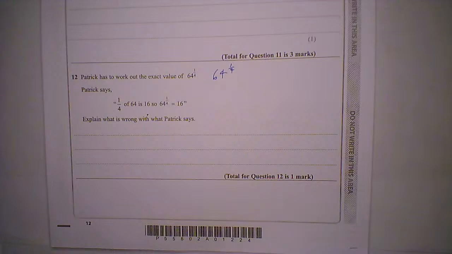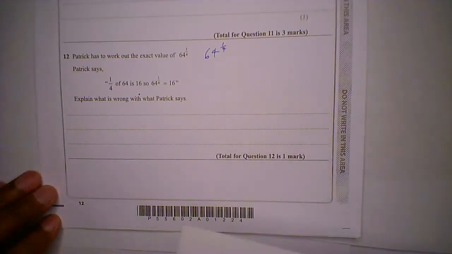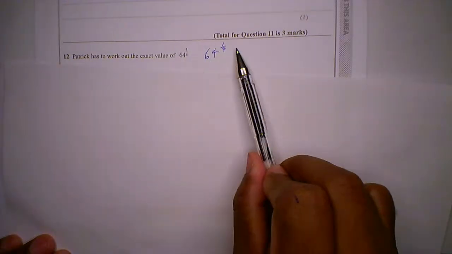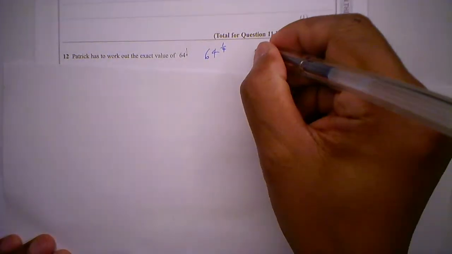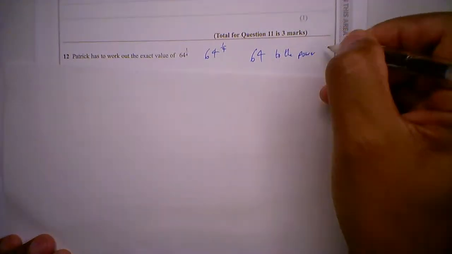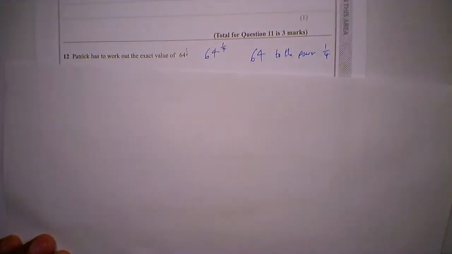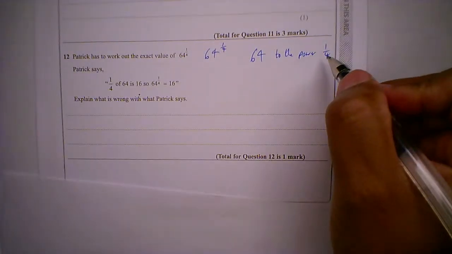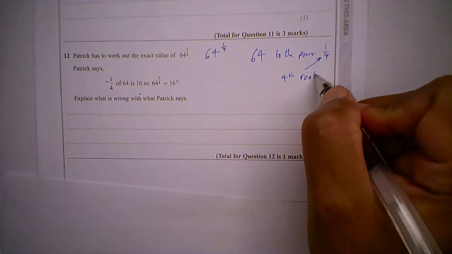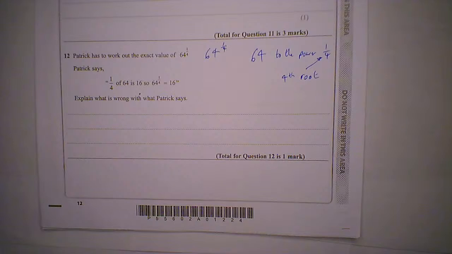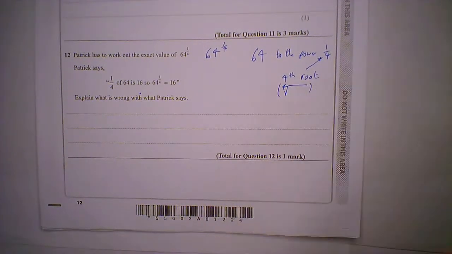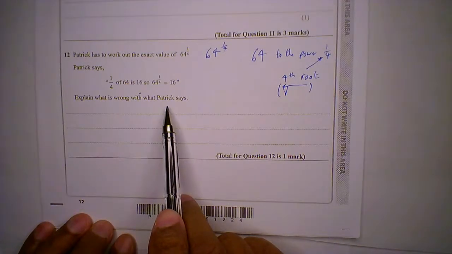Sometimes with these kinds of questions, it's easier to just completely ignore what's going on and look at the question. What is this? This is 64 to the power a quarter. That means it's the fourth root. So explain what is wrong with what Patrick says.